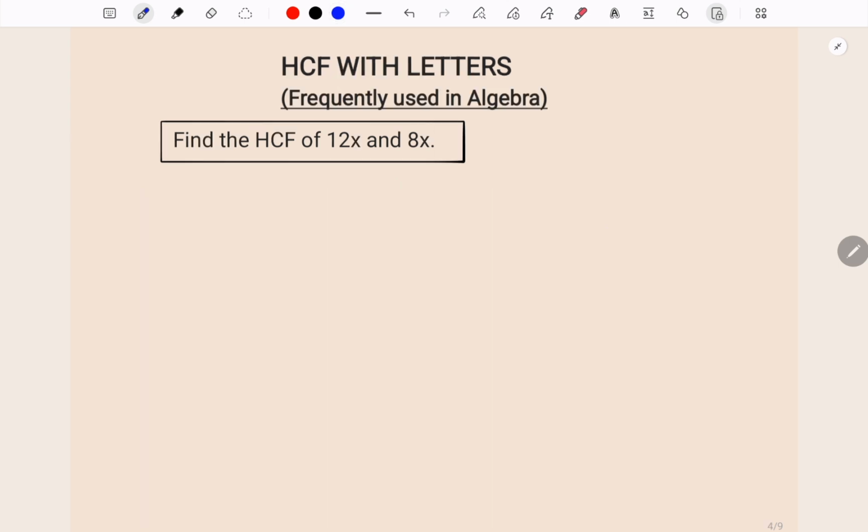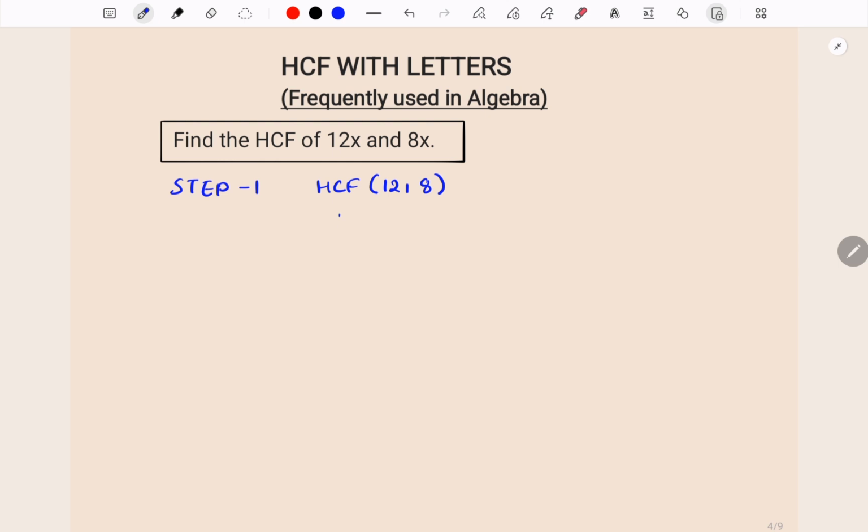Now let's include algebra. Here we need to find the HCF of 12x and 8x. First we will look at the numbers. So step 1 should be finding the HCF of 12 and 8, right?